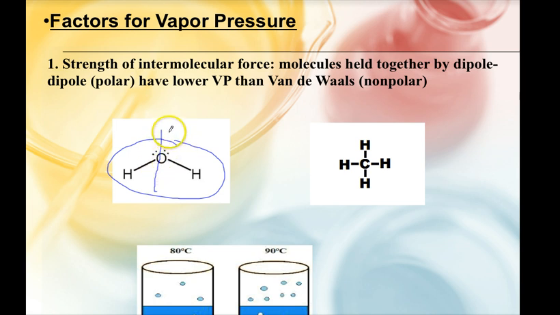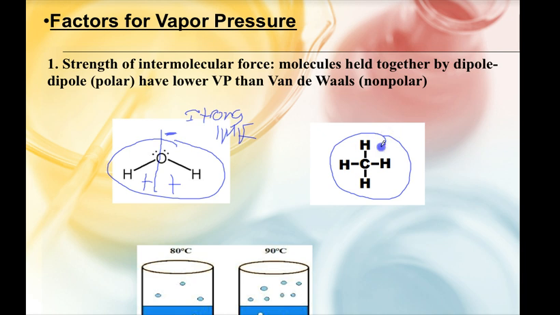Once you've determined it's polar, you then need to determine what end is going to develop a positive charge and the other one a negative. That's what's called a dipole. Oxygen has a higher electronegativity, so this end will be slightly negative, and this end of the molecule will develop a slight positive charge. This has strong intermolecular forces. If you look at the methane molecule and you do lines of symmetry, it has a bunch of different lines of symmetry.